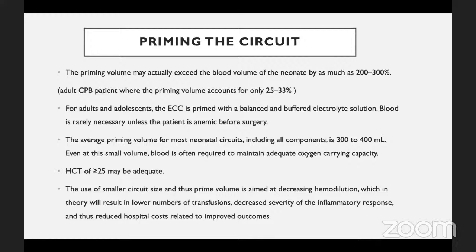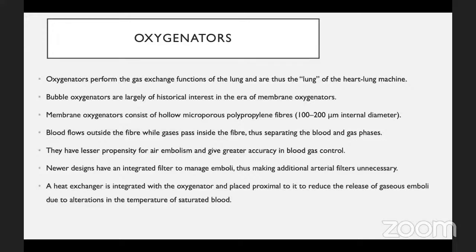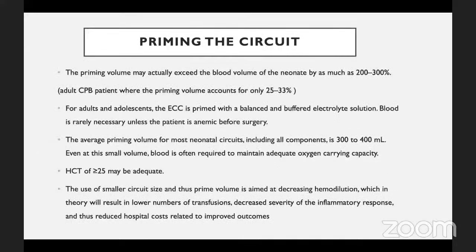You don't use Ringer lactate priming now because the lactate interferes with the lactate measurements, and possibly lactate itself may contribute to an acidotic phenomenon. So we almost always use Plasma-Lyte or Plasma-Lyte based solutions. It's almost like a Ringer lactate solution, but the lactate component is replaced with an acetate component. Solutions like Plasma-Lyte are now the typical solutions that we use for pediatric priming.